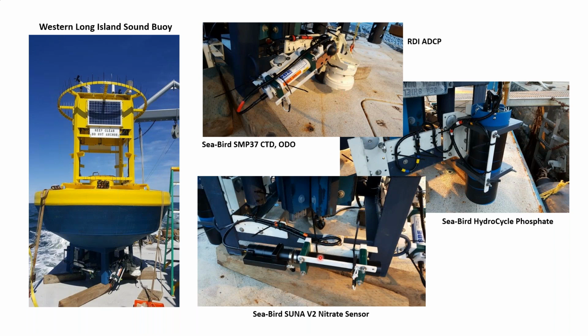This is the Seabird SUNA nitrate sensor. It's got a brush that sweeps through the optical pathway to keep it clear. But as you'll see, this doesn't always work. And this is the Seabird HydroCycle phosphate sensor. All at the surface, about a meter below the surface water elevation.